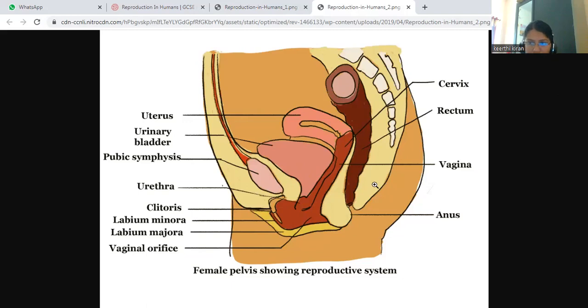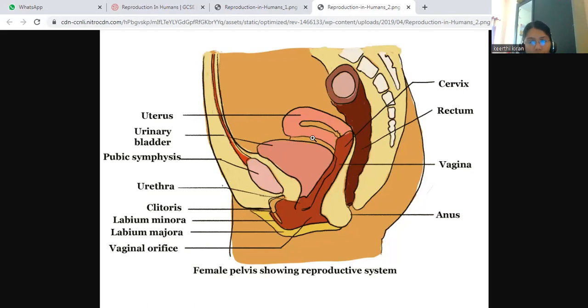The formation of the female germ cells, or the eggs, takes place in the ovaries. The ovaries are not shown in this diagram, but usually there are two of them. Some hormones are also produced in the ovaries. In males, the main hormone is testosterone, and in females, it is progesterone and estrogen.